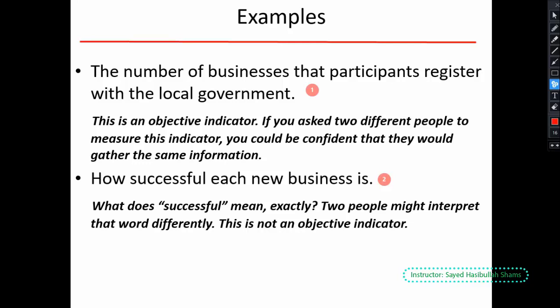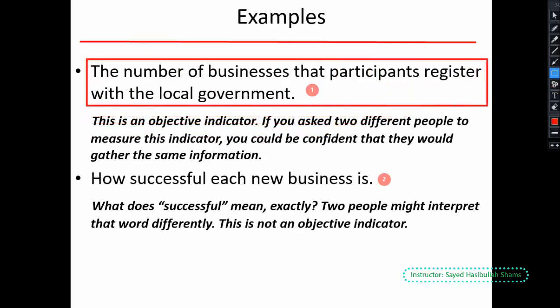So we can measure this very easily because this indicator has objectivity. The indicator that has objectivity is called a strong indicator, and we can increase the objectivity of an indicator through a clear definition of the confusing words.